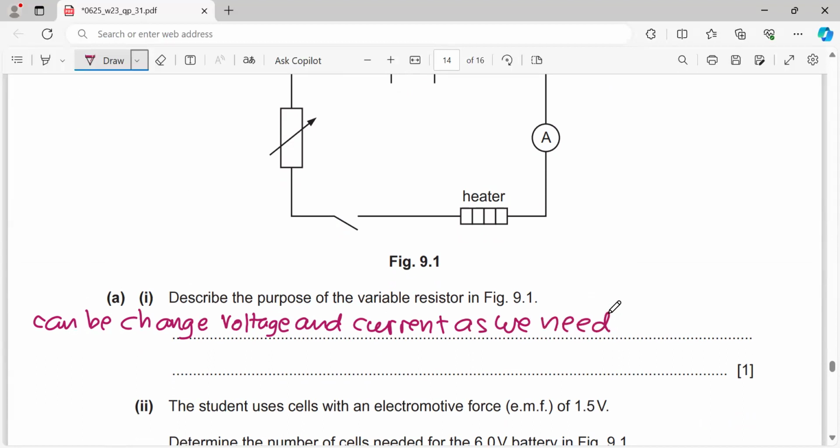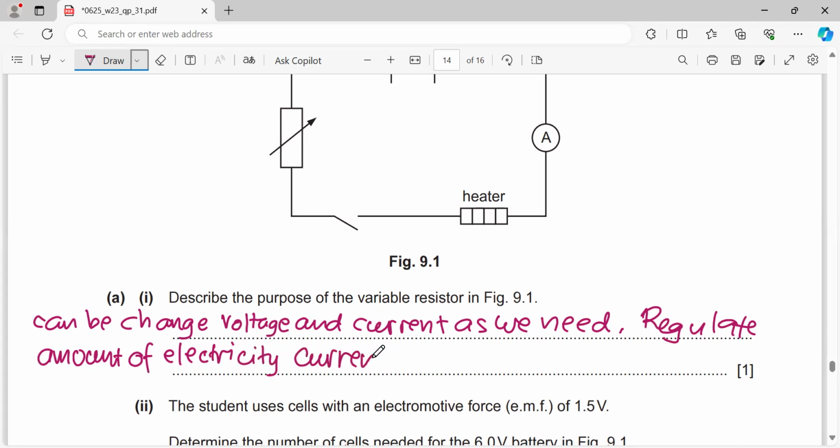So this variable resistor functions to regulate the amount of electric current and voltage as we need.